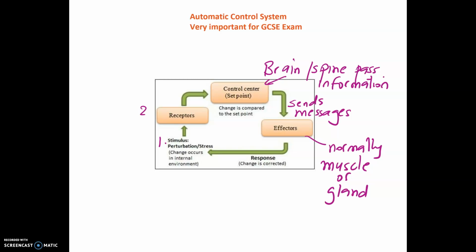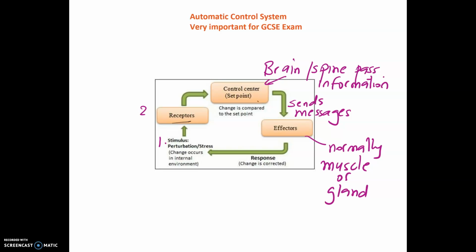If you were to look at a change in a stimulus, which is a condition, for example you have put your hand on a pin, the receptors in your fingertips will pick up that response. These receptors then pass the message on to your control centre, which compares it to the original conditions.